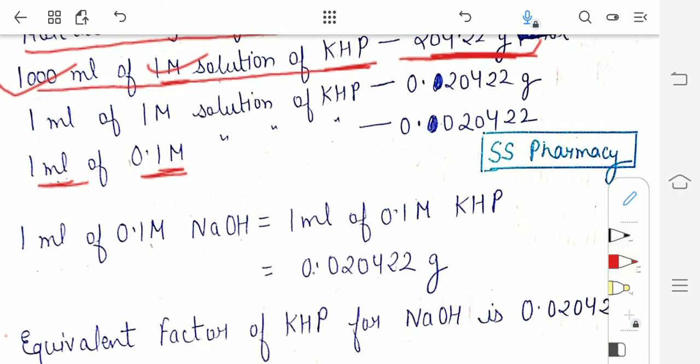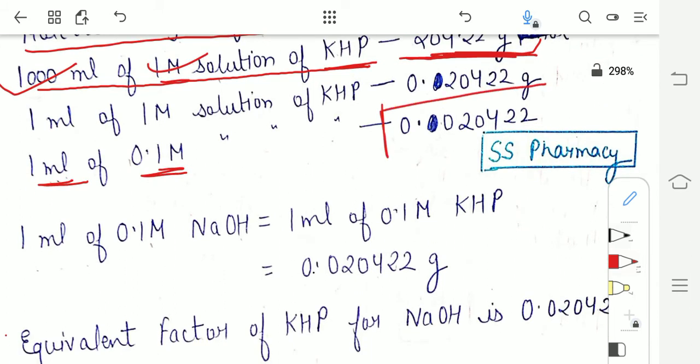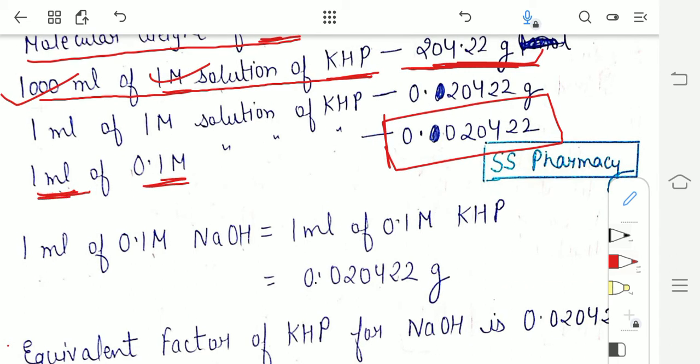The value came out to be 0.020422 grams. This means that 1 ml of 0.1 M solution of potassium hydrogen phthalate has 0.020422 grams of potassium hydrogen phthalate.